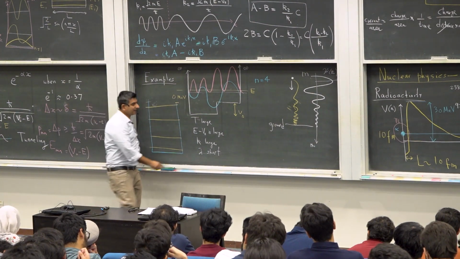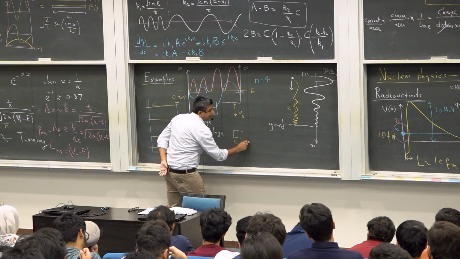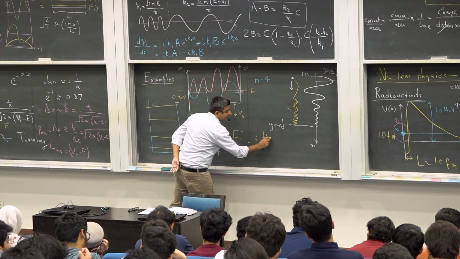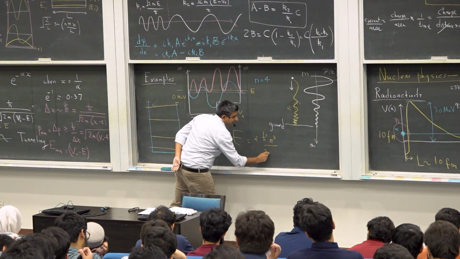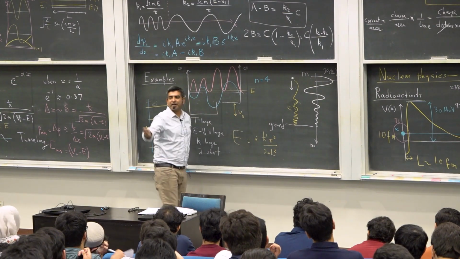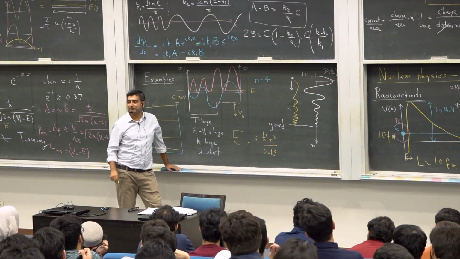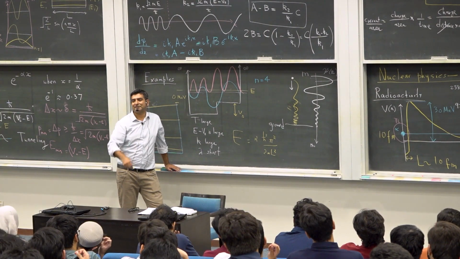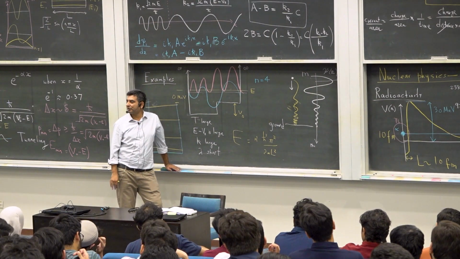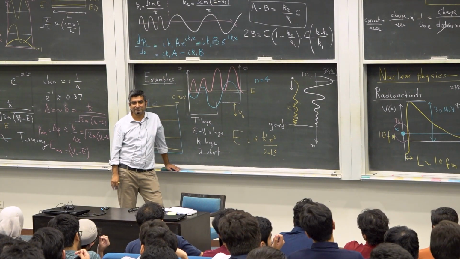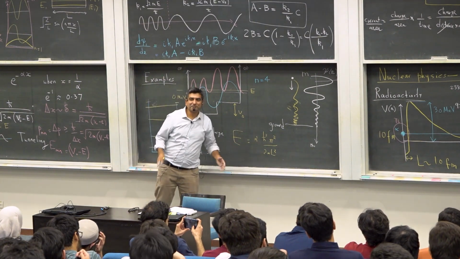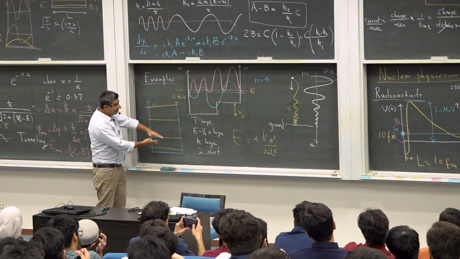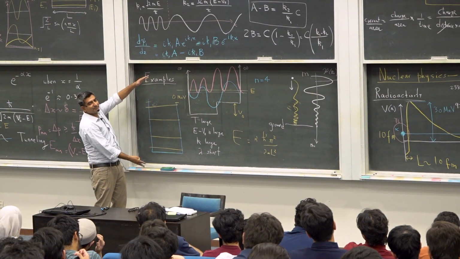Minimum energy is given by n squared h bar squared pi squared over 2 m L squared. What's the size of a hydrogen atom? Half a nanometer. What's the size of a nucleus? 1 femtometer, 6 orders of magnitude smaller than a hydrogen atom. So when this is 6 orders of magnitude smaller, the energies will be in the mega electron volts regime.